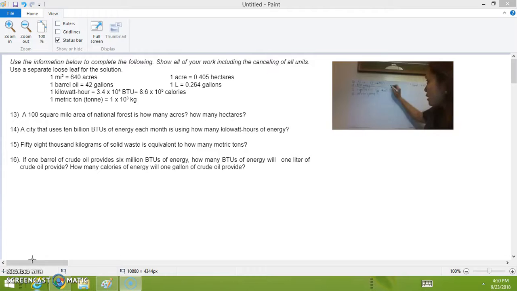So it looks like I do have liter. 1 liter is equal to 0.264 gallons. Another possible unit I could use is, it looks like I have a conversion factor for gallons and barrel. So I will write here 42 gallons is equal to 1 barrel.